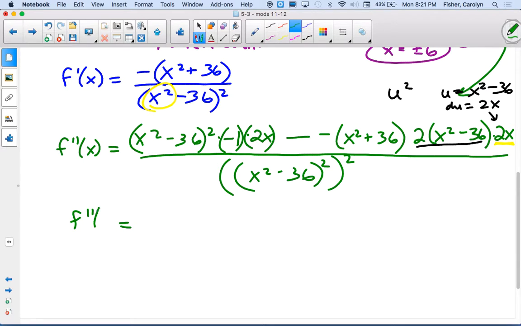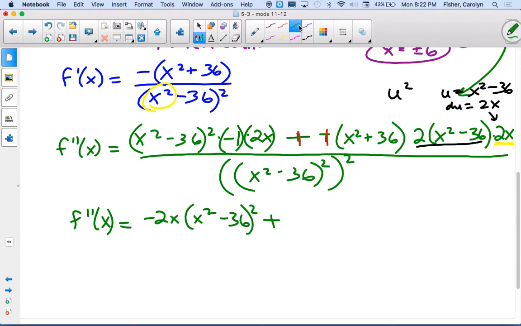I'm really hoping I can do something with this, but I also don't want to spend a ton of time simplifying. Let's at least multiply and see what we end up with a little bit. I'm not going to multiply out the binomial squared. I am going to go ahead and take the negative 2x out front times x squared minus 36 squared. This is going to change into plus a positive. I should do that in a different color.